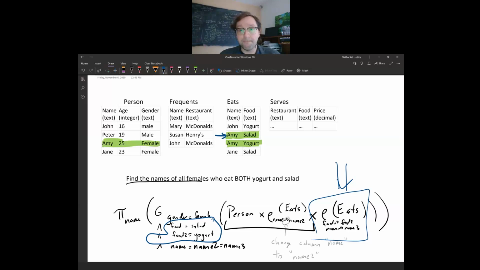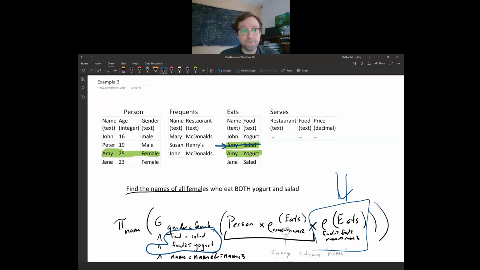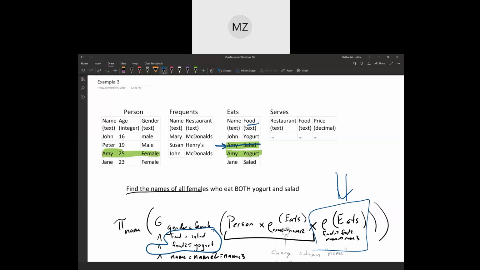You'd say that that's a bad row because the food column is not equal to yogurt, and so you'd throw it out. Similarly here, you'd throw out this one because this is not salad. And there's no memory. So just because you've seen salad before doesn't mean you'll remember that you saw salad before for Amy sometime earlier when you're looking at Amy yogurt.